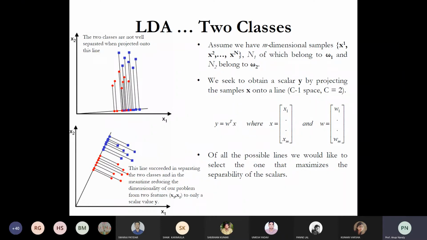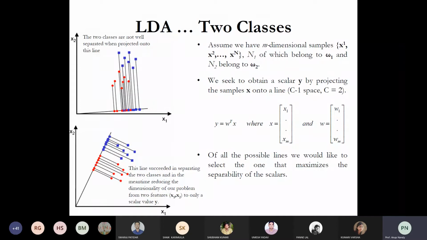On the other hand, if I choose this other direction, this line succeeds in separating the two classes, and at the same time it reduces the dimensionality of our problem from two features, x1 and x2, to only one scalar. So from 2D you get 1D.